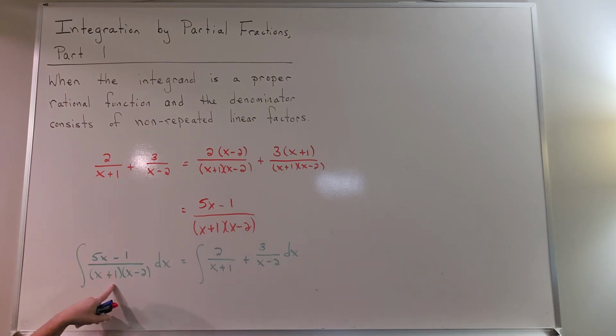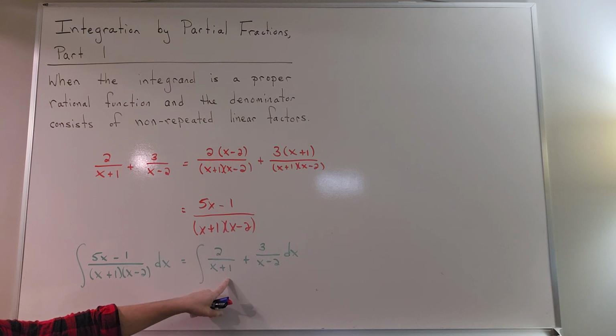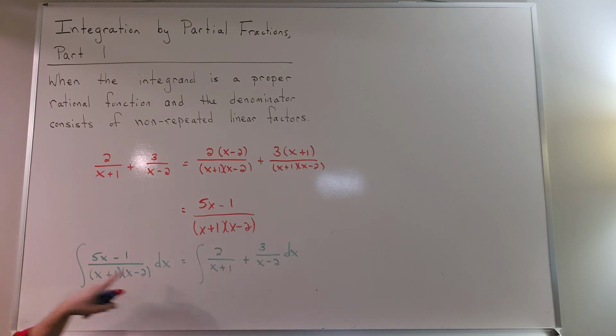This is a challenging looking integral. This one is pretty trivial once you know about the natural log. This would be 2 log x plus 1, plus 3 log x minus 2. So this one would be easy. This one, not so much.